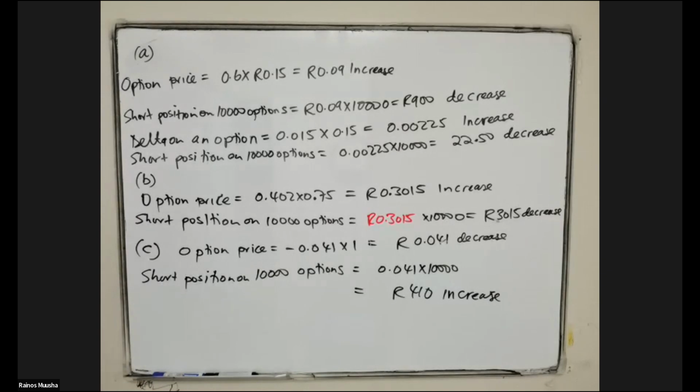Are we on the same page? Any questions? Sorry, Rhinos, when calculating that short position, why are we not using minus 0.041 times 10,000?